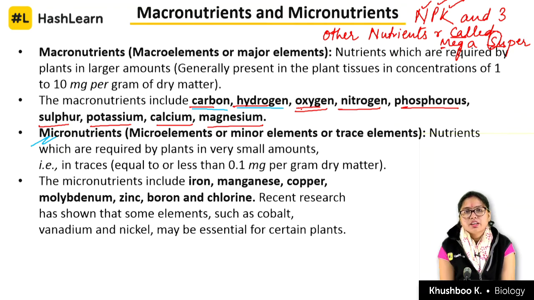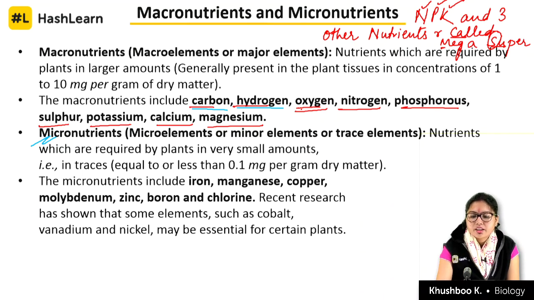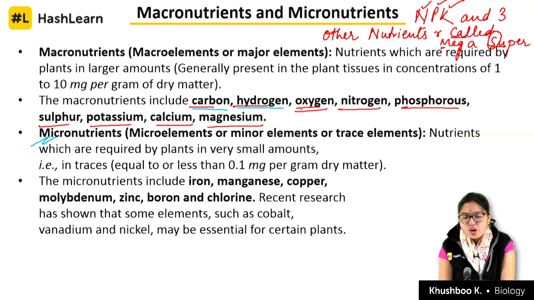Carbon, hydrogen and oxygen will be the highest ones, and the other 6 are NPK, that is nitrogen, phosphorus, potassium, then calcium, magnesium and sulfur. So these are the macronutrients. Now when we talk about micronutrients, these are the minor elements or trace elements. That means these are essential, but they are required in a smaller quantity.